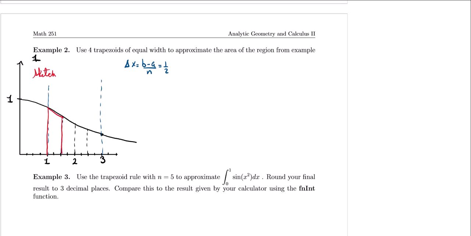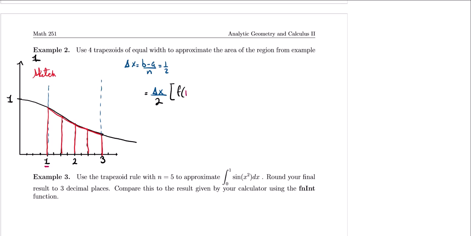And you can already see here that, yes, it seems like we're going to be getting a much better approximation for the area. All right, so what is this area? Well, the formula is, remember, delta x divided by 2 times f of, well, for this problem, we were starting here at 1.